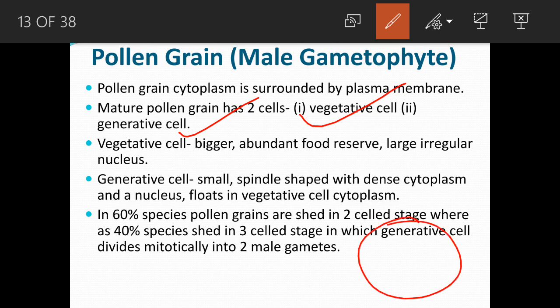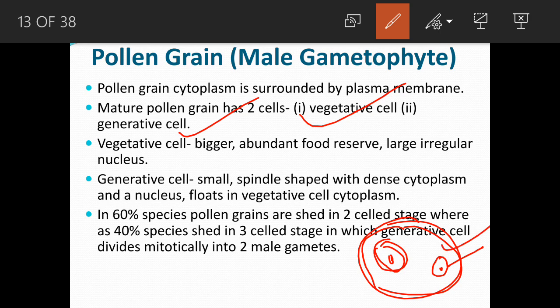One is the vegetative cell and the other, smaller one is the generative cell. The vegetative cell is the larger one. It has abundant food reserve and a regular nucleus. The generative cell is small, spindle shaped, and floats freely in the cytoplasm of the vegetative cell.